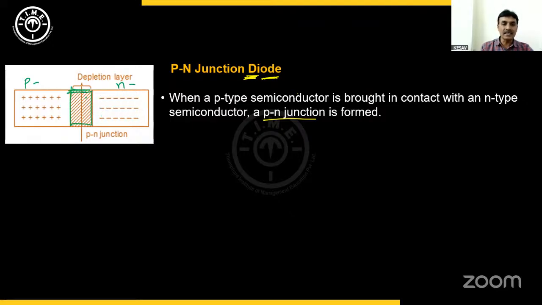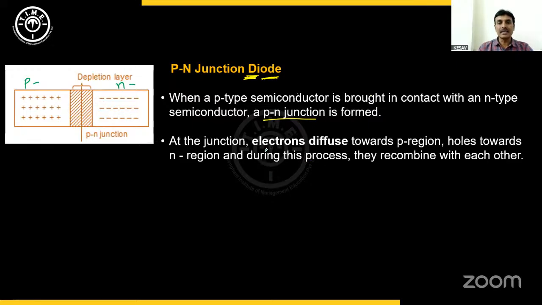But near the junction, whatever electrons are there on this side and holes on the other side, they recombine, and due to this recombination, this region becomes depleted of mobile charge carriers. These charges are immobile. That's why this region is called the depleted region.